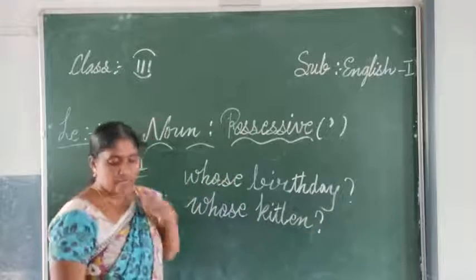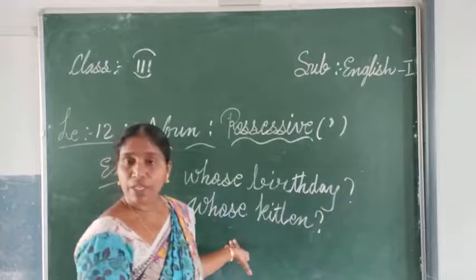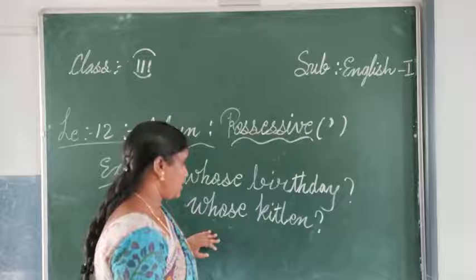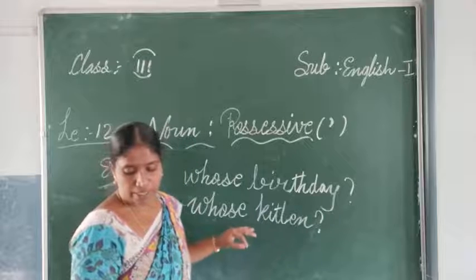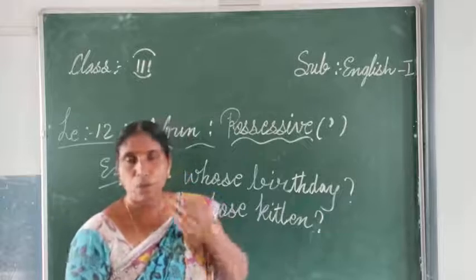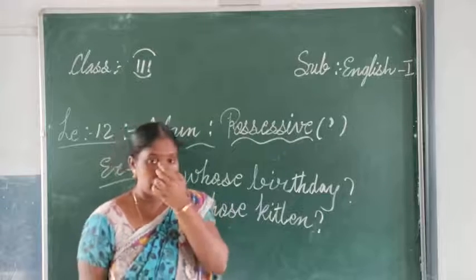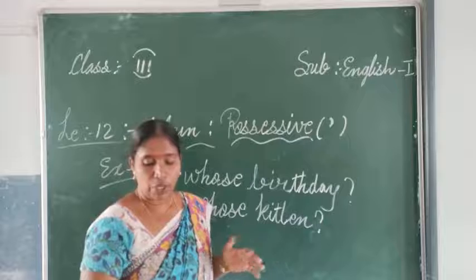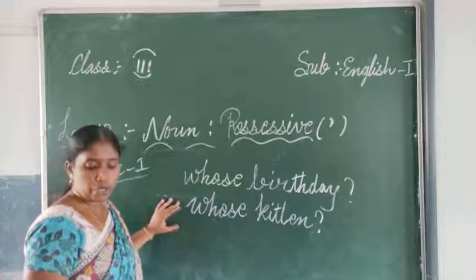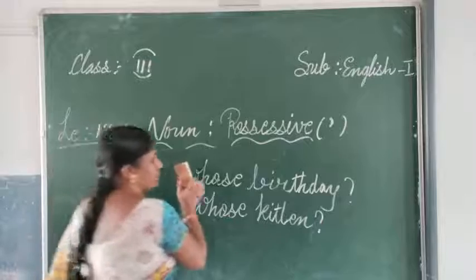Whose kitten? The fish of the kitten. In the same way, how to make the son of Mr. Name? Whose son? He is Mr. Name's son. Like that you have to make it. So using the word whose, you have to complete this exercise.